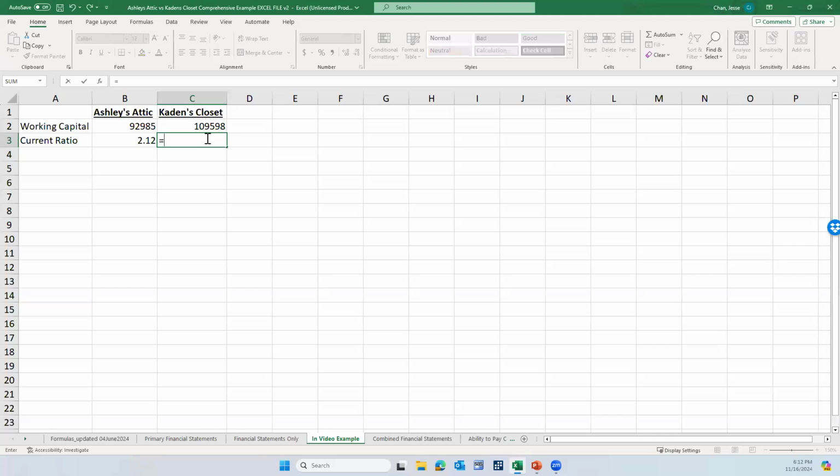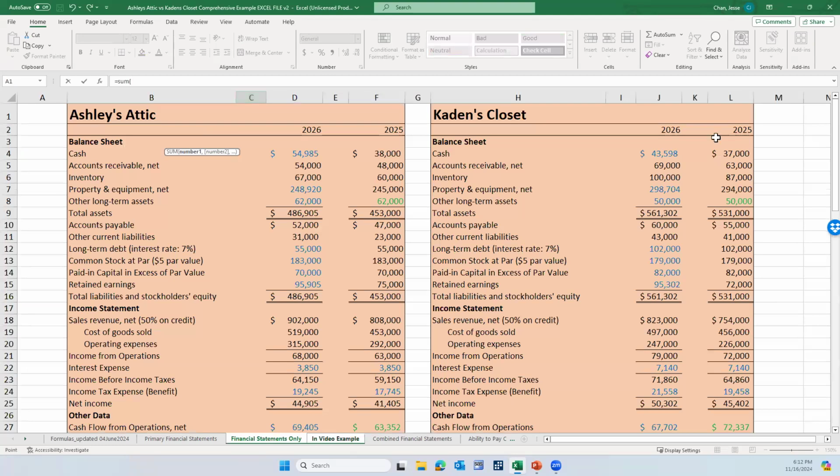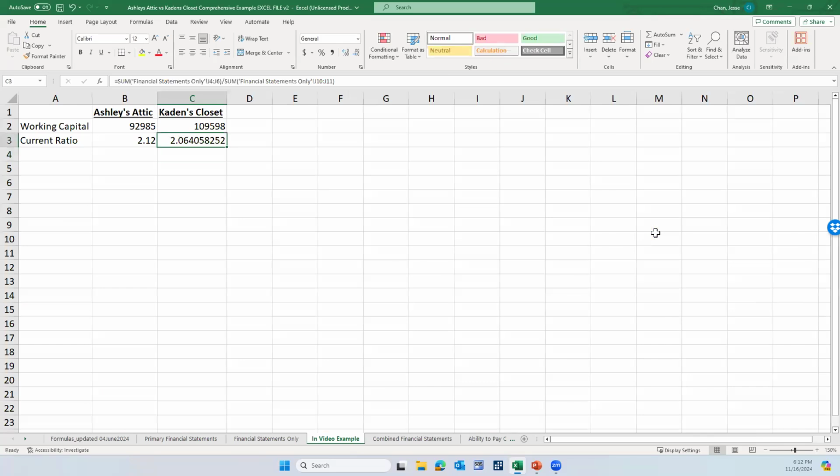And let's repeat this analysis for Kadens Closet. So we see here that Kadens Closet is very similar. They have a current ratio of 2.06.